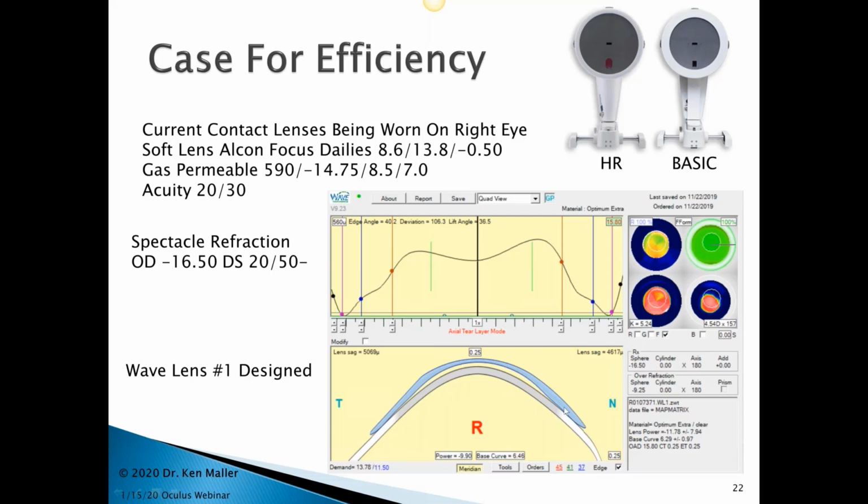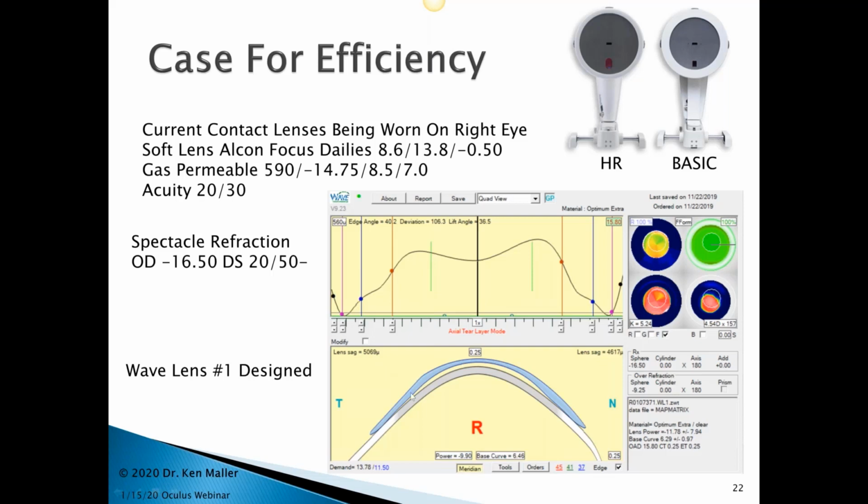And right now we happen to be looking at the nasal temporal meridian, the one straight across at 180. And this surface was actually generated directly from all that sagittal depth data that the Pentacam gathered. So this shape should be very representative of exactly what his eye looks like.